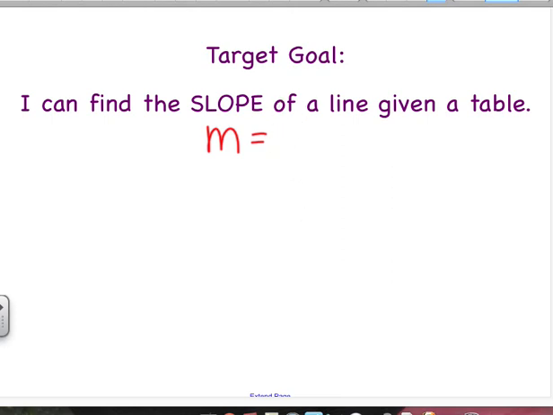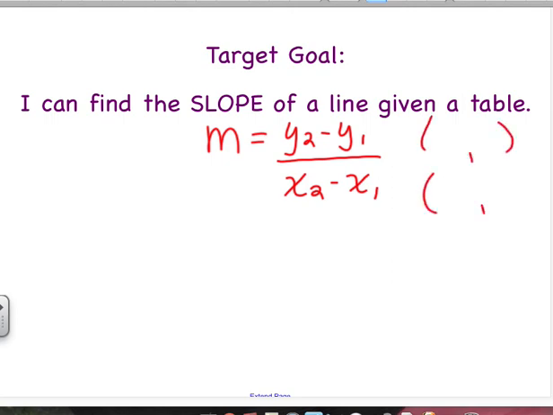Then we talked about calculating slope if all you're given are 2 points. So we talked about M being equal to y2 minus y1, that's your numerator, and x2 minus x1, that's your denominator, where these y2, y1 values and x2, x1 values are coming from 2 points on the line, or 2 sets of ordered pairs.